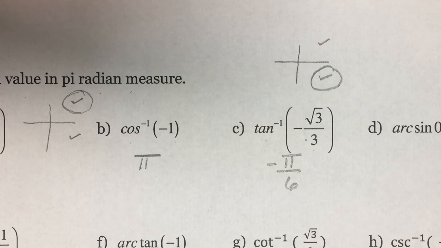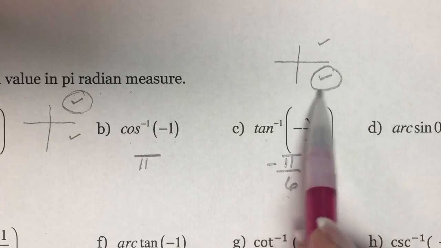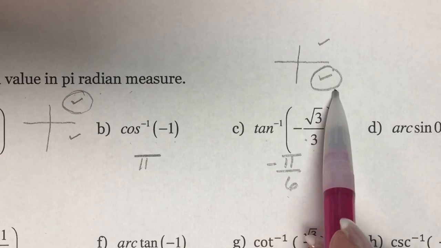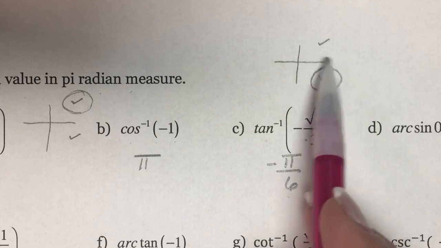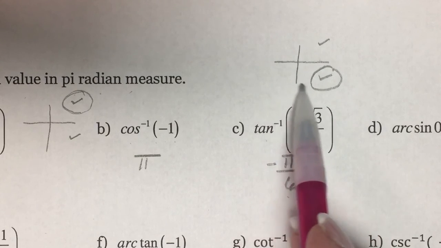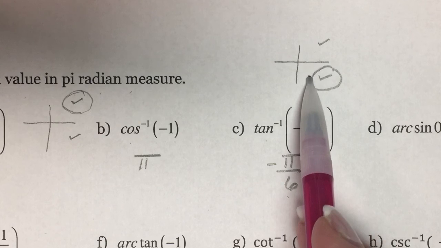Okay, they don't want you to use 11 pi over 6. They want you to call it negative pi over 6, even though they mean the same thing. Any angle that you're talking about in the fourth quadrant, and that's the only place it's going to happen, you're going to name it as a negative angle going down clockwise.